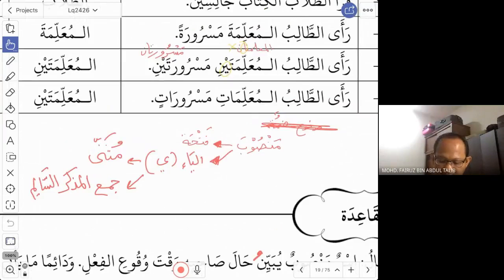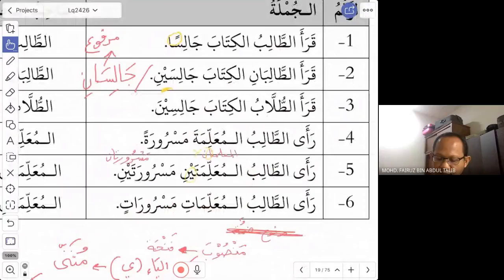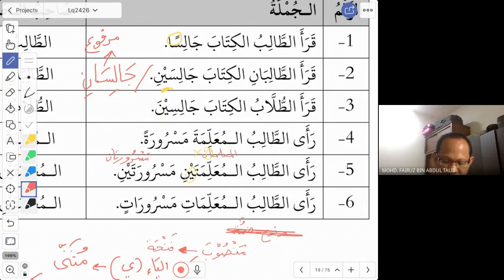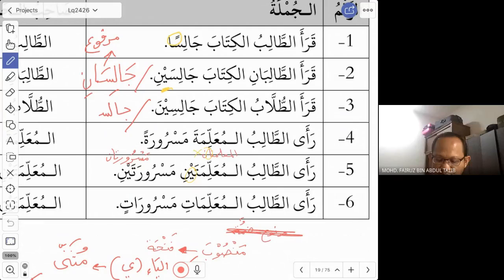So this is example number 3. Jalisin. Okay, so they use this ya instead of another version. What is another version? Another jama' for jalis, similar to muslimun: jalisun.